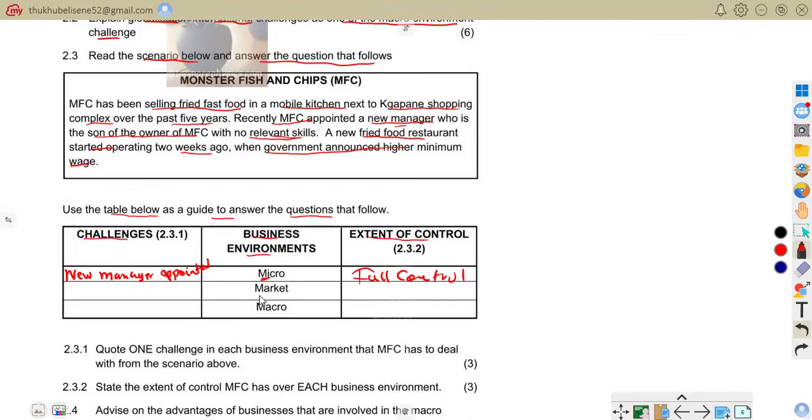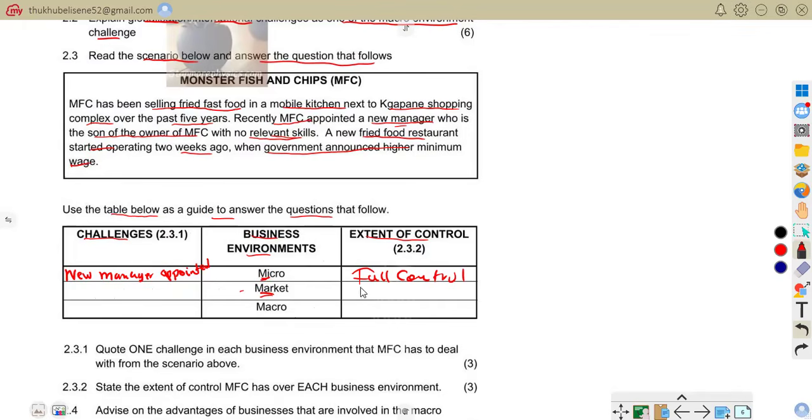Now coming to the market environment, the challenge there is a new fried food restaurant opening nearby. So that is in the market environment. What about the extent of control there?